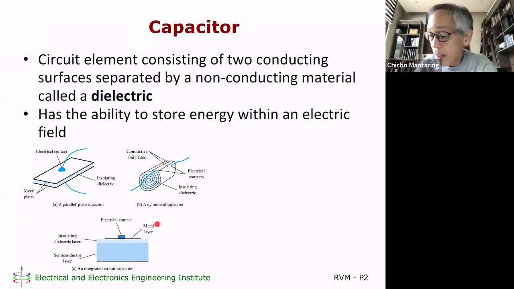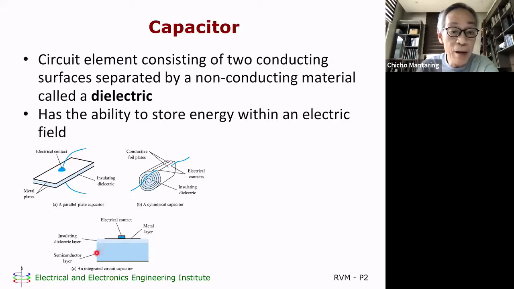On the other hand, in integrated circuits, you have this particular construction of your capacitor. If you recall the MOS construction that I discussed with you, the metal oxide semiconductor construction, that is actually a capacitor. You have a metal layer, and in between your metal layer and your semiconductor layer is a dielectric, which is silicon dioxide.